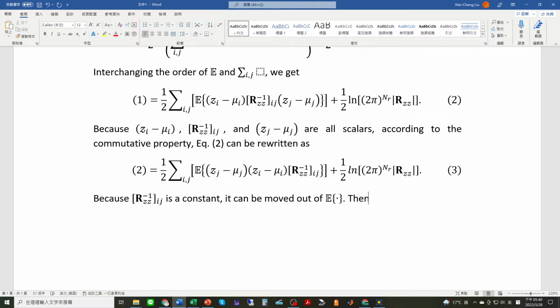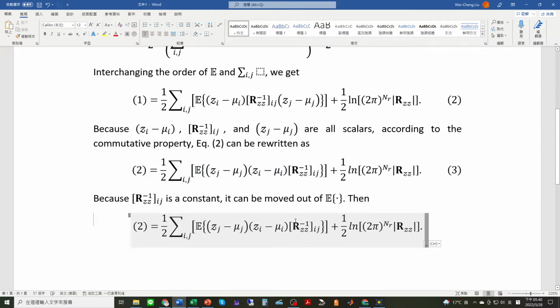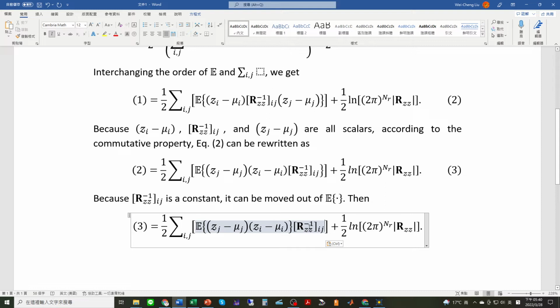Okay, then, this is equation 3. So I can move this term RZZ inverse IJ out of the expectation to here. Okay, so it is very convenient.